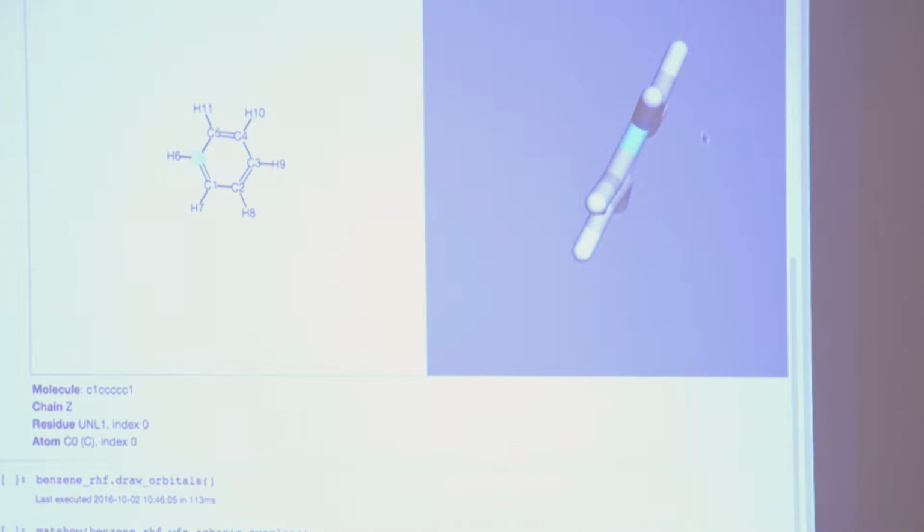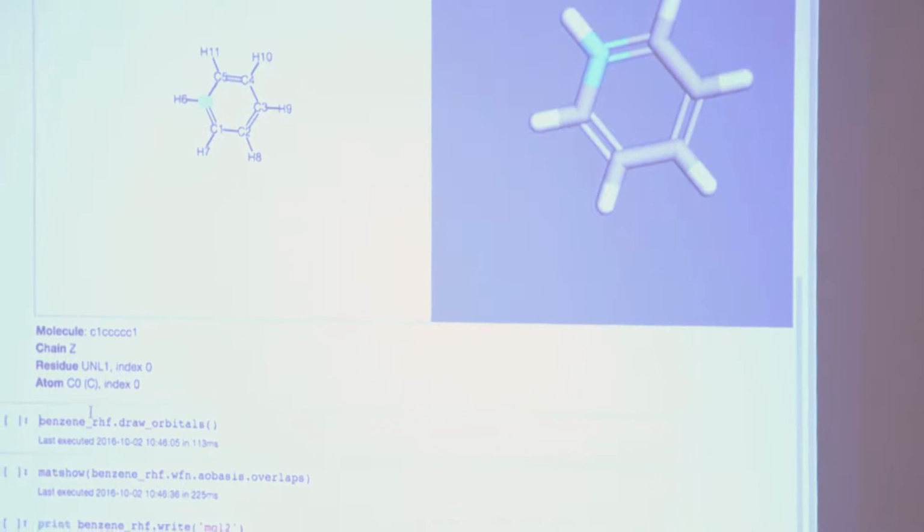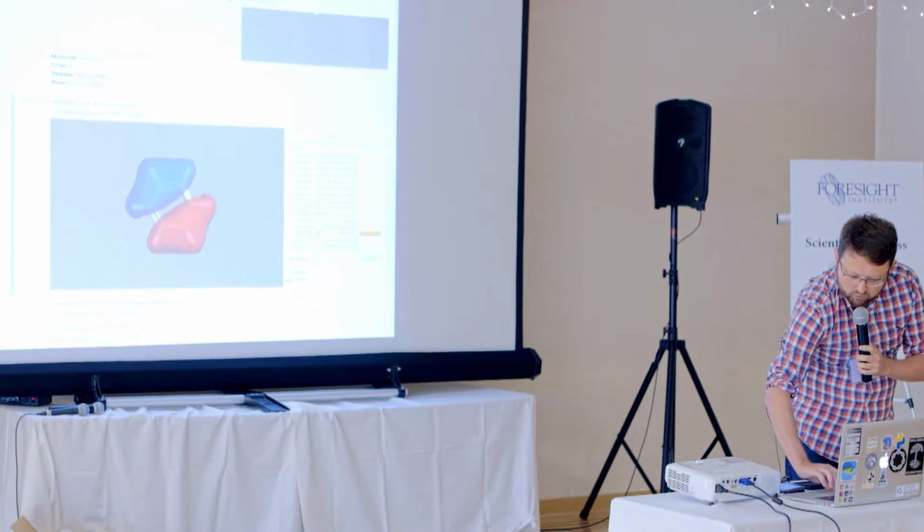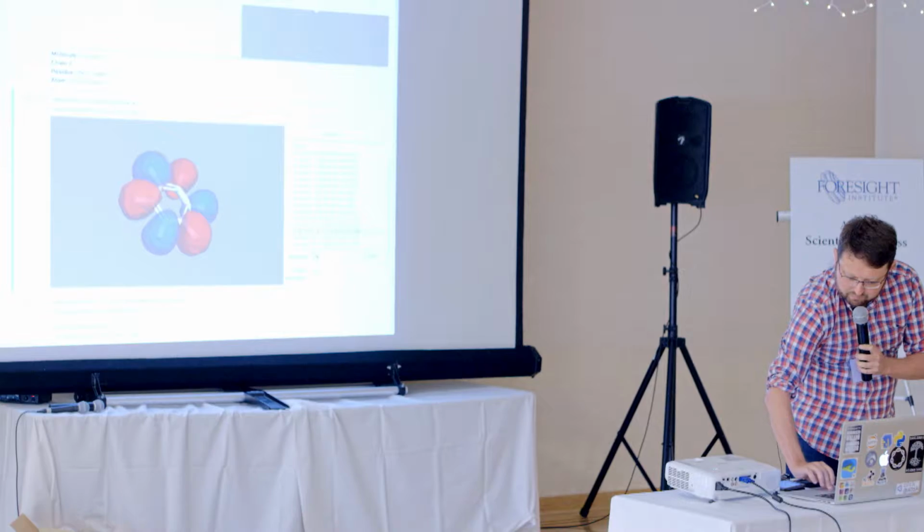So first, I'm going to run a very quick quantum chemistry calculation here. And you're already going to start seeing data in a few different ways. Got a two-dimensional chemical graph, a three-dimensional representation, and I just did some quantum chemistry, so there's also a bunch of molecular orbital information here.